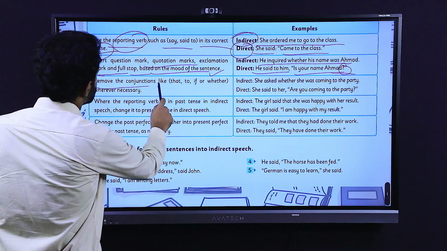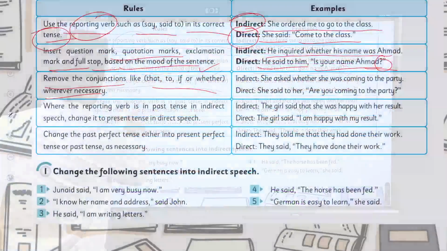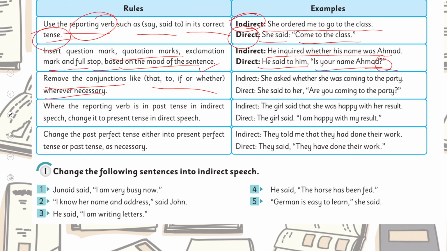We remove the conjunctions where they are necessary. Where the reporting verb is in the past tense in direct speech, change it into present tense in direct speech. So the reporting verb, if it is in the past tense in the indirect speech, we will change it into the present tense in our direct speech.